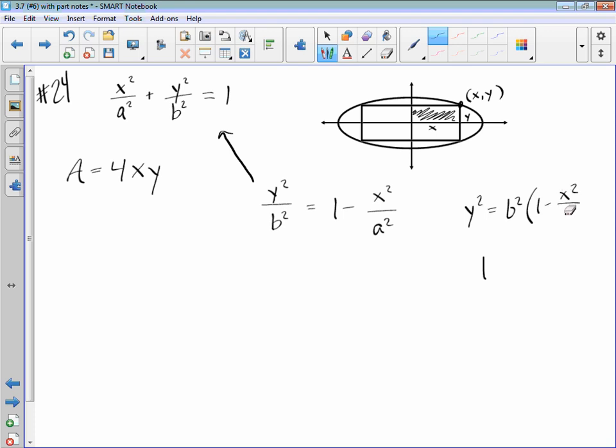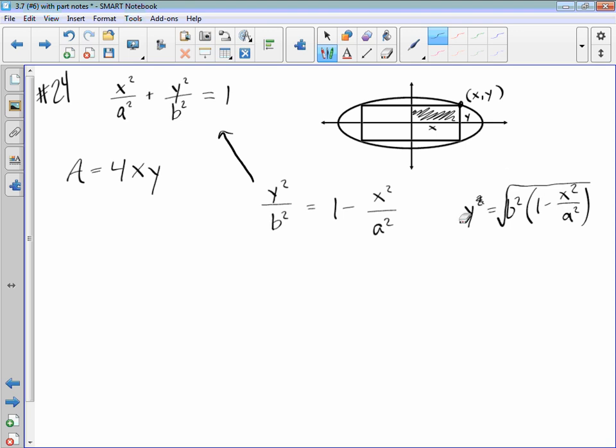And again, you could multiply that through, but it actually saves another step if we don't. And then to get y by itself, I do what? Square root. And I'm just talking about the first quadrant here, so I don't have to worry about plus or minus. I'm just dealing with the positive portion of it. So y is actually equal to the square root of this. Questions on that part of it?